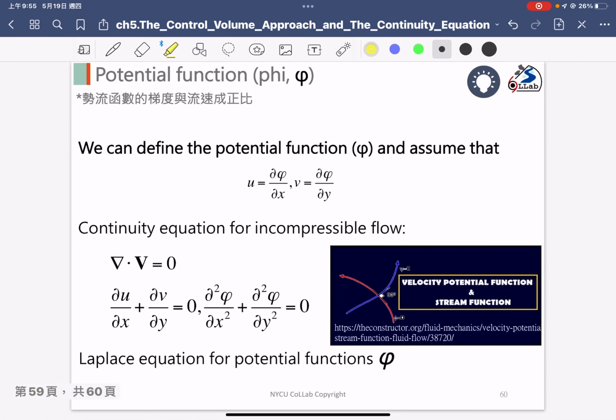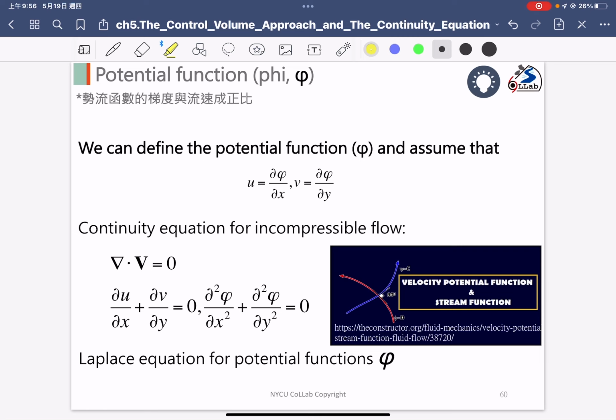Okay, and the next is we first introduce the potential function phi, and actually the potential function will be perpendicular to the stream function, and the gradient of the potential function is proportional to the velocity.